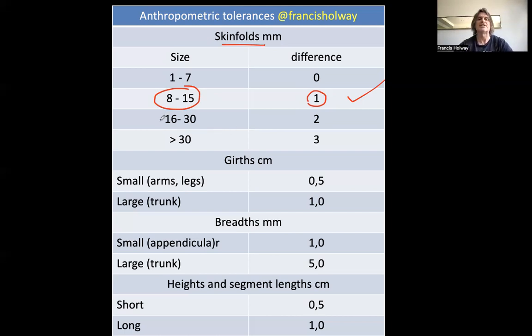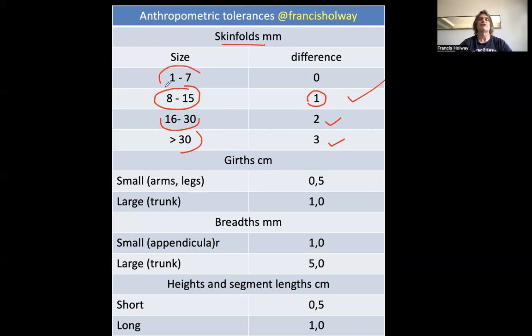If the skin fold is larger, let's say between 16 and 30 millimeters, that's a thick skin fold, like my ab, for example, then the difference can be up to 2 millimeters. And if it's larger than 30, it can be up to 3 millimeters. Now, you have to be very careful in the very small skin folds, like the biceps, like the supraspinale or the calf, or if you have very lean athletes.